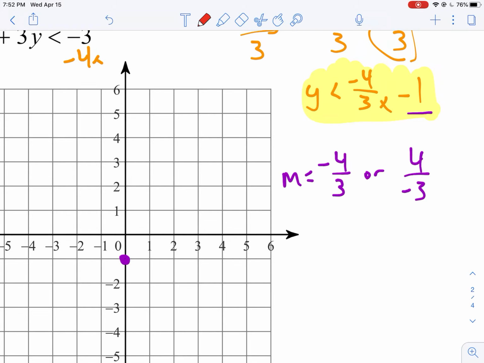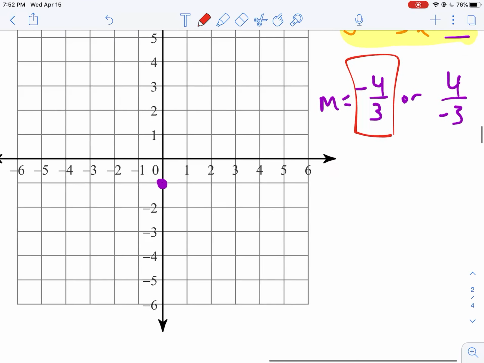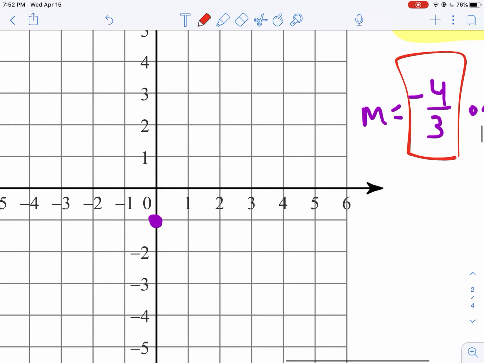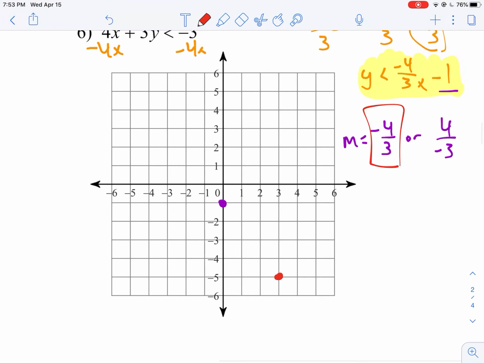For this one it doesn't matter. Neither one goes off the graph, so I can just start with the one I originally had. I'm going to rise negative 4: 1, 2, 3, 4, and I'm going to run positive 3: 1, 2, 3. There's my other dot. Don't leave these loopies here. If you need to use the loops, feel free, but you should erase those.